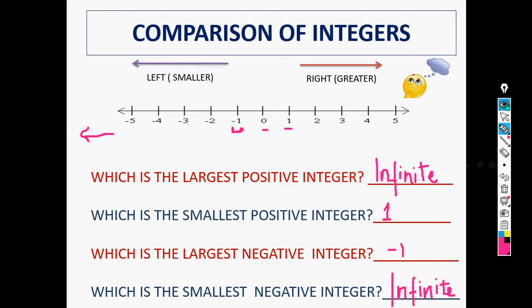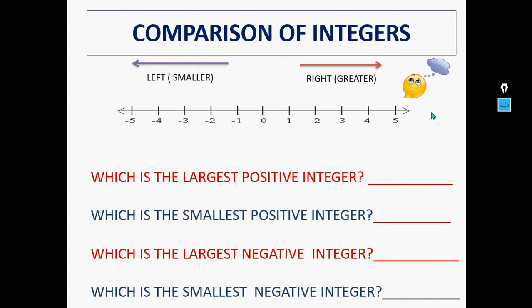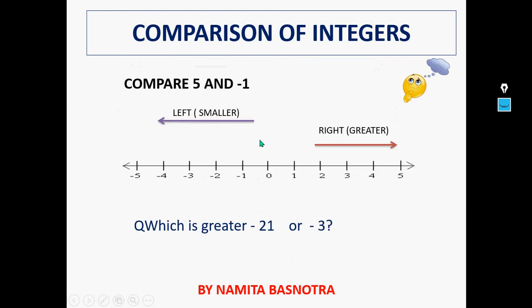Easy. There's one more thing that I want to teach you: when you have to compare two integers, there's one simple trick. If you apply it, you'll be able to answer the questions just like this. Let's say we have to compare 5 and -1, and we place them on the number line.